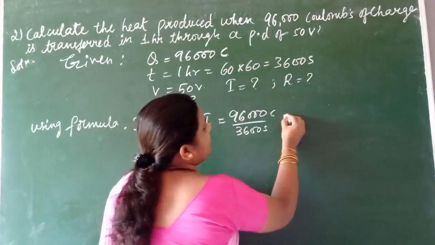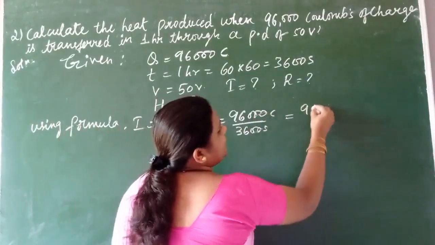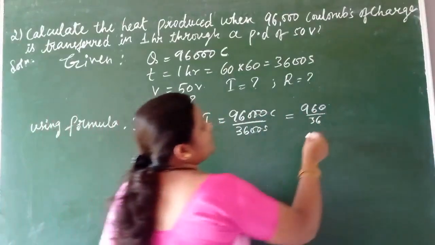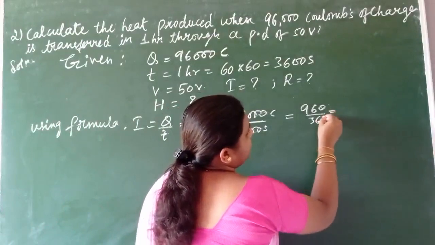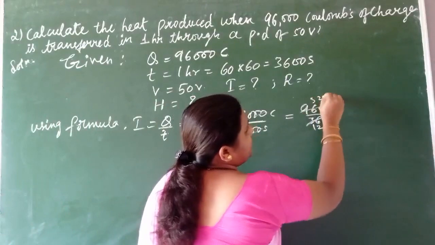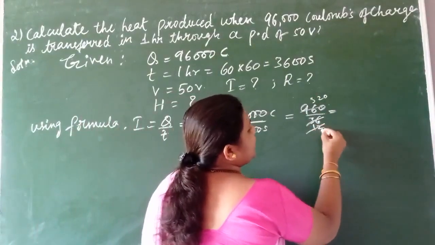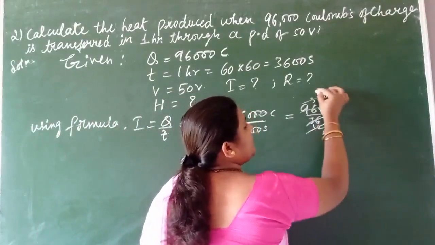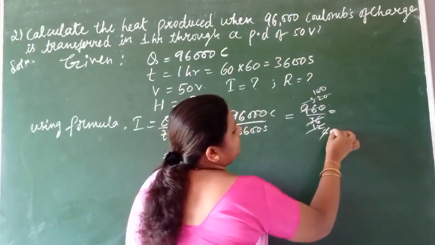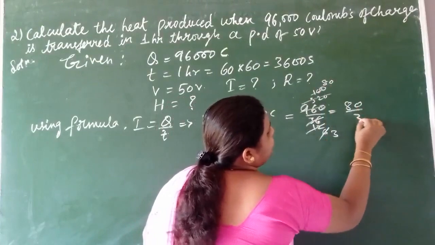So here, on cancelling the zeros, what has remained? 960 divided by 36. Isn't it, children? Now this can also be simplified further, leaving 80 divided by 3.